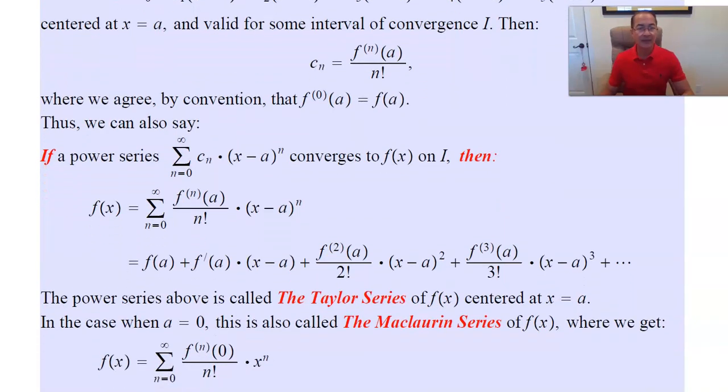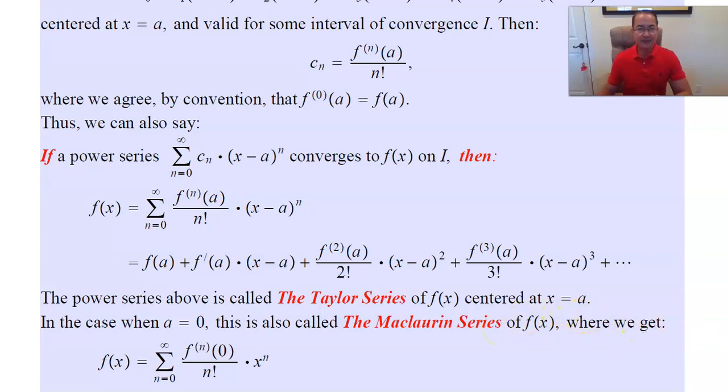So if you expand that out, we will get, as mentioned earlier, f of A plus f prime of A x minus A, second derivative at A divided by 2 factorial x minus A squared, third derivative at A over 3 factorial x minus A cubed, and so on. Okay, so this is called the Taylor series of our function centered at x equals A.